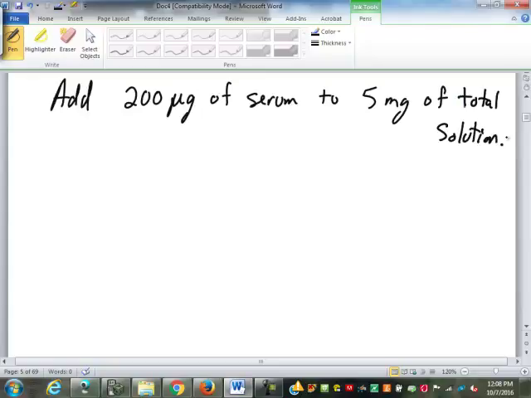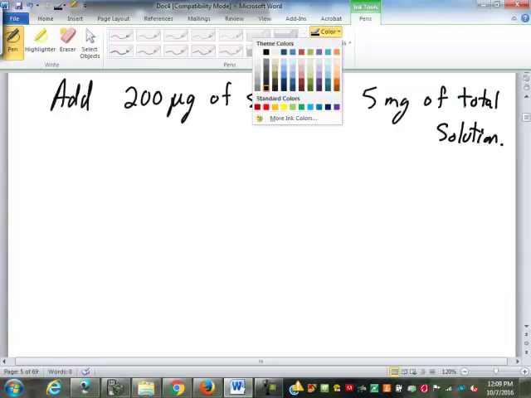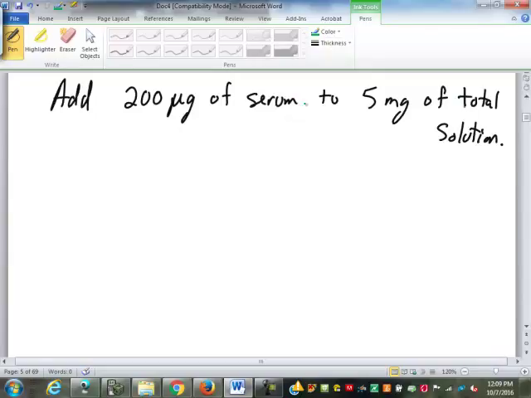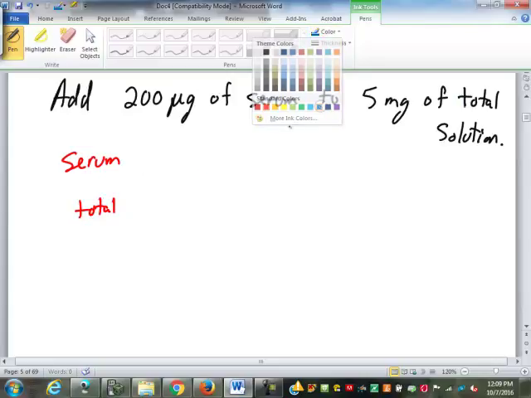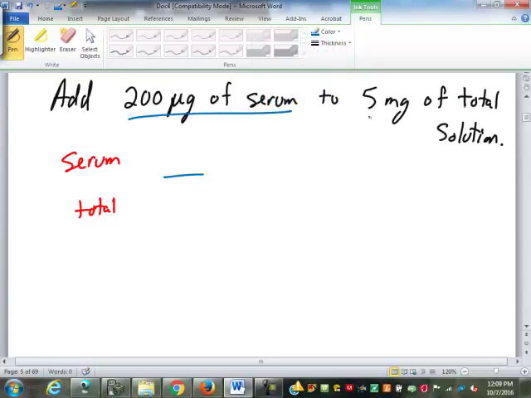So we add 200 micrograms of serum into a solution to create 5 milligrams of total solution. What is our dilution created here? Well, the dilution, of course, is serum to total. And we do have serum and total.